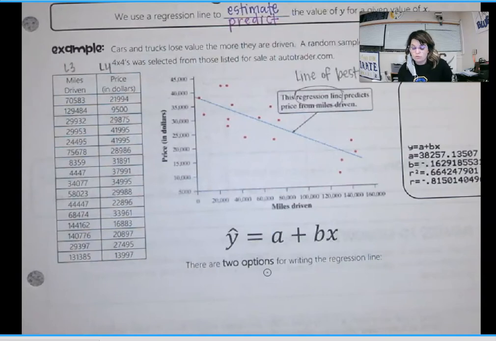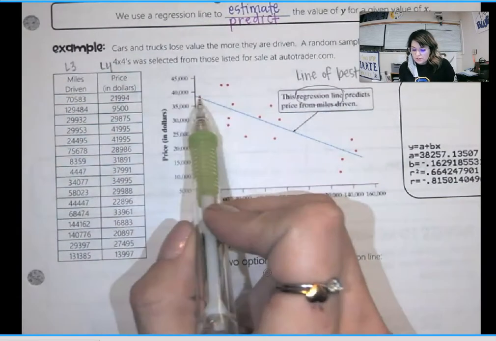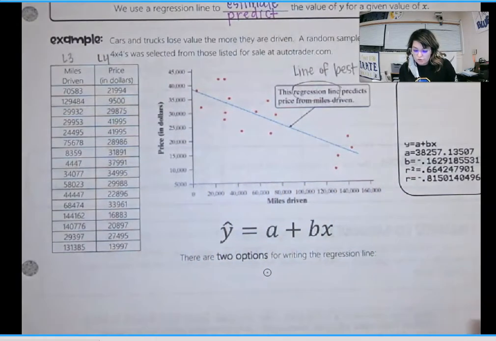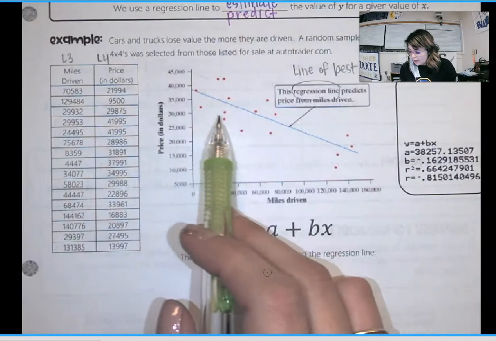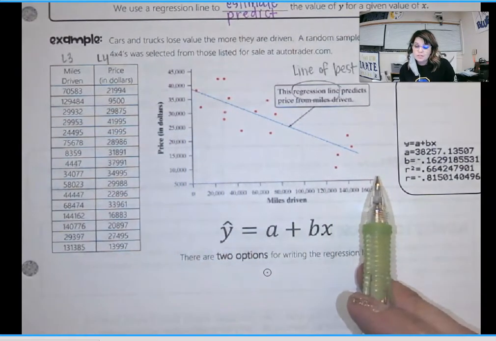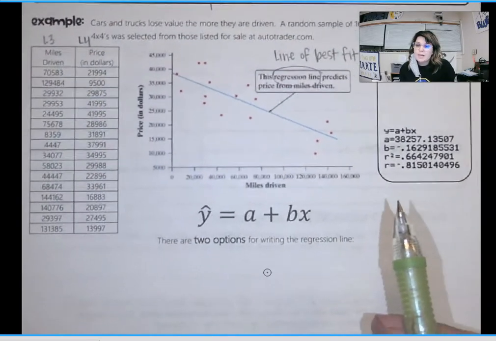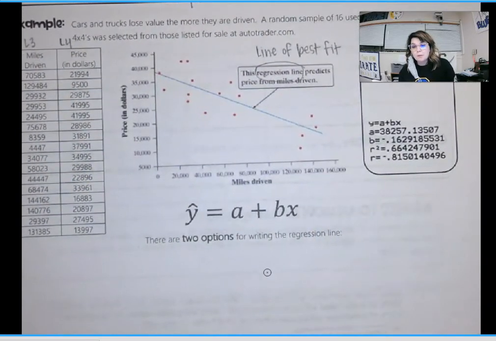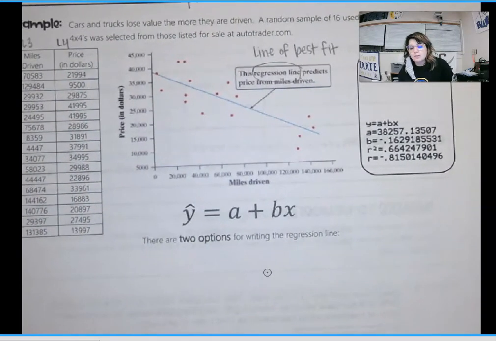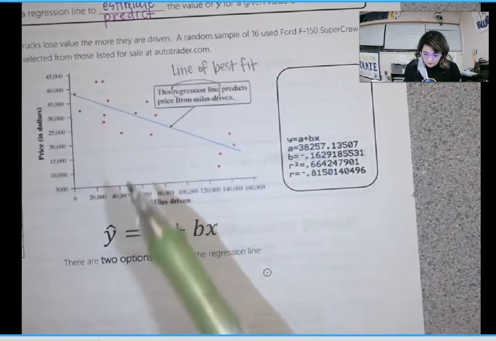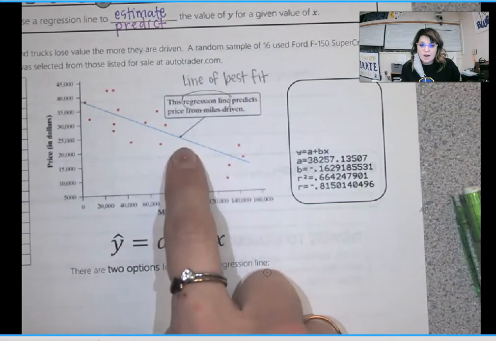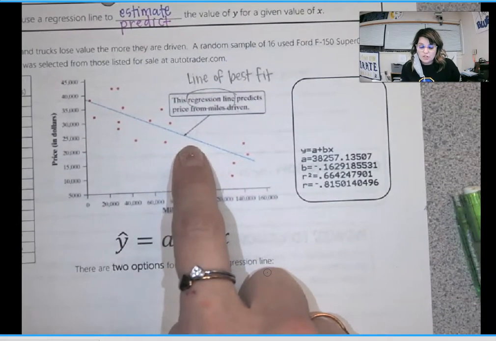We're seeing that in the scatter plot: as the number of miles you drive increases, the price you can get for your car decreases. That also has to do with time. It takes time to put miles on your car, so the more miles you have, the older the car typically is as well.